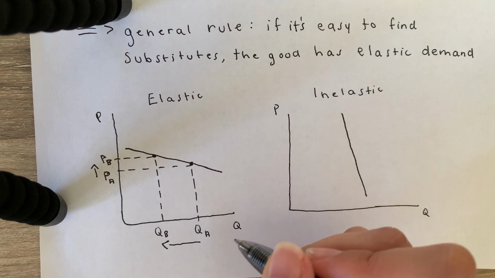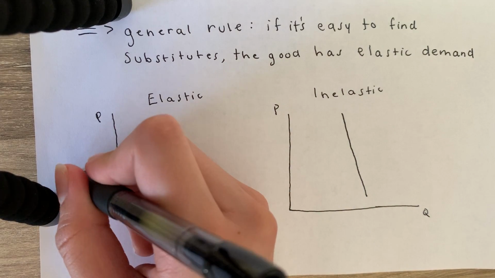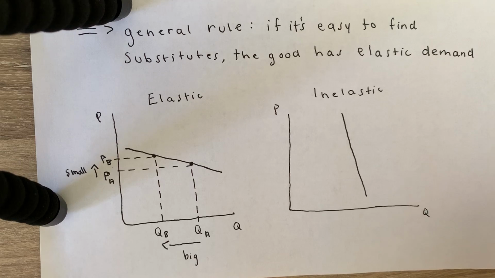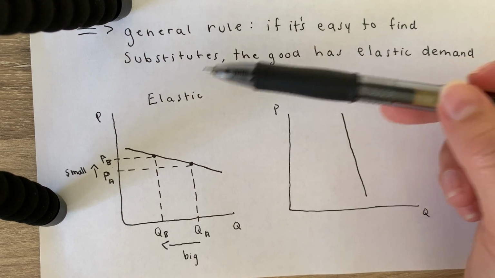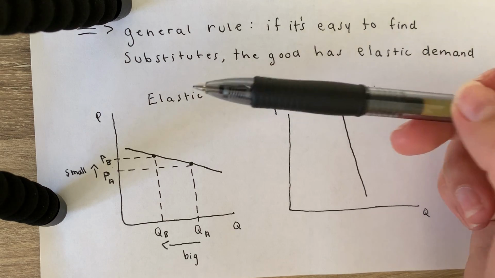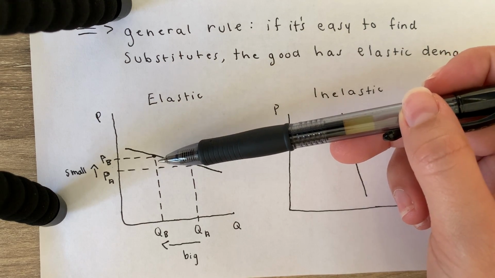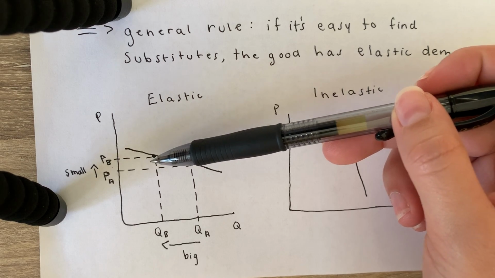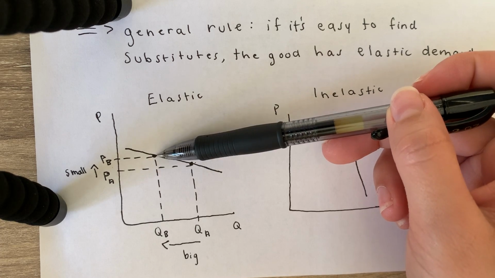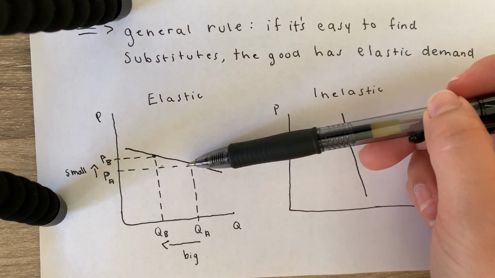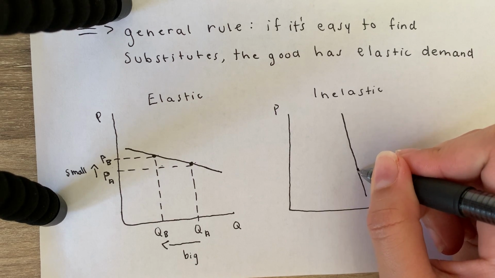So you can see that this is pretty big. This is big and this is small. So again, this is showing you the same concept from above. For a good that has elastic demand, if there's a small change in price, there's a big change in the quantity demanded. So the price of orange juice went up a little bit, and a lot of people stopped buying it.